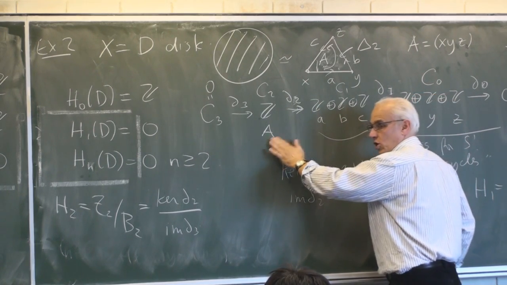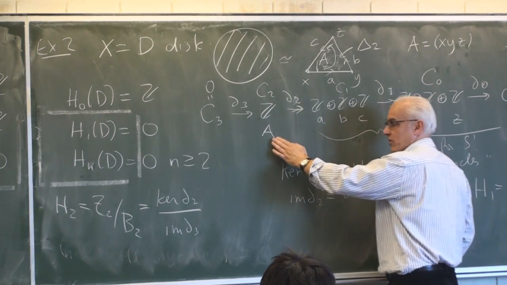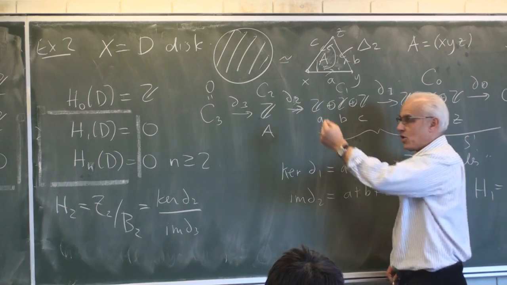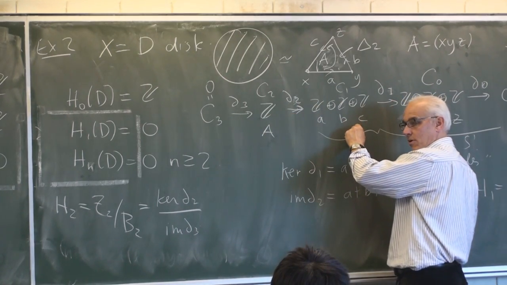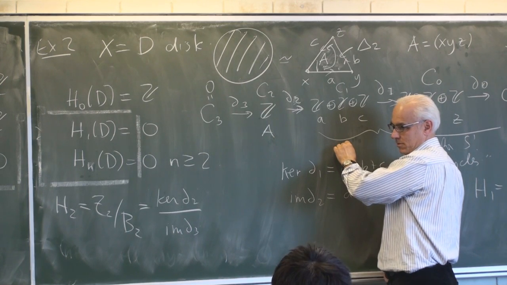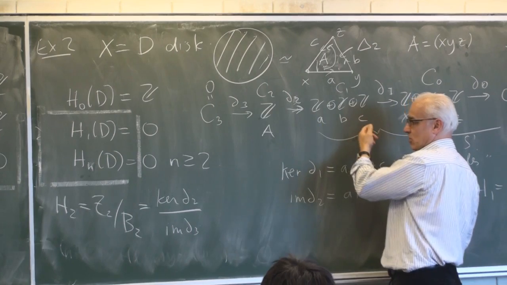So what is the kernel of this map? This is a group generated by A. All the elements here are just multiples of A. So the only thing that's sent to 0 will be the 0 multiple, because there's only one generator, and that's getting sent to something non-zero.